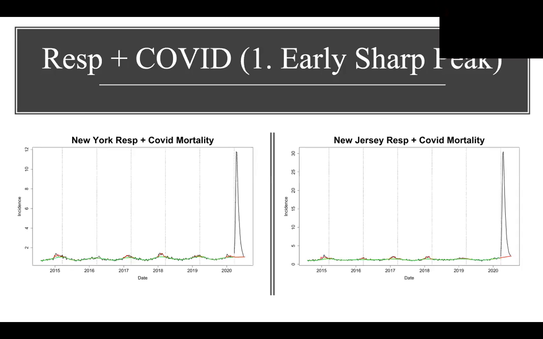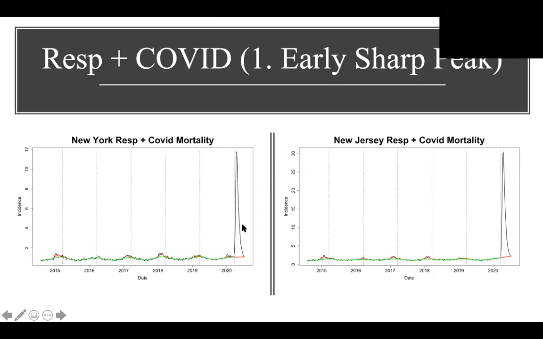This is a typical graph for those states that show an early sharp peak, such as New York and New Jersey. As shown, the black line shows the actual mortality numbers for respiratory illnesses and COVID-19. There is a very sharp increase after the dotted line, which represents March 20th, once COVID-19 was declared a national emergency.